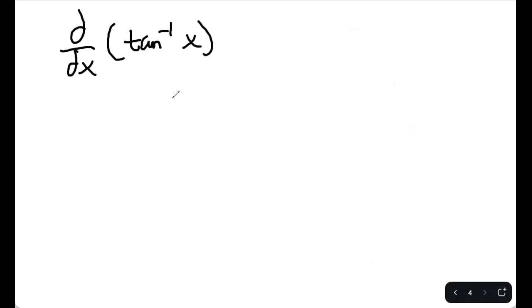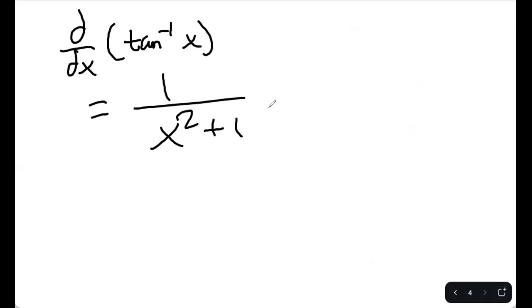Did you learn how to find the derivative of inverse trig functions, like the derivative of tangent inverse of x? We briefly touched on it. The derivative of this is 1 over x squared plus 1.